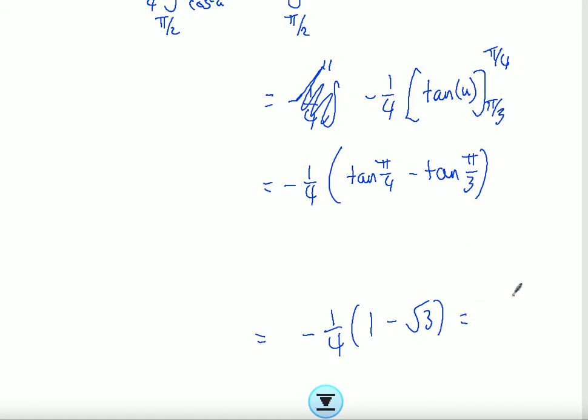I'm just going to tidy this up then. So we're going to get root 3 subtract 1 all over 4. Okay, that is a pretty tough question, pretty tough substitution, but you can pick up loads of marks: limits, differentiate, substitution. Substituting as much as you can, you're going to pick up plenty of marks for that.